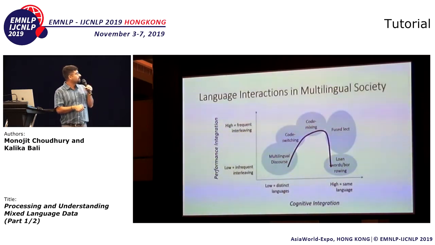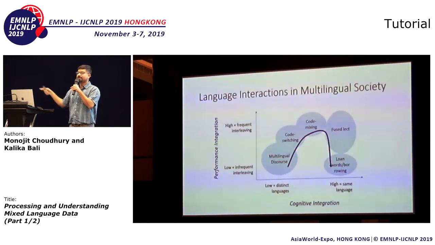And then when the integration becomes very high, in your mind as well as the frequency of interleaving, this becomes an altogether new language, which was kind of the Tamil song, right? Every alternate: English word, Tamil morpheme, English word, Tamil morpheme, like that. Even cognitively, you can't identify that language either with Tamil or English. So this is what I would call a fused lect.